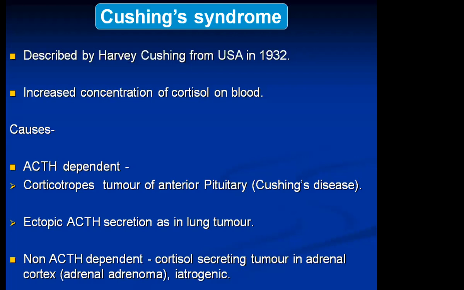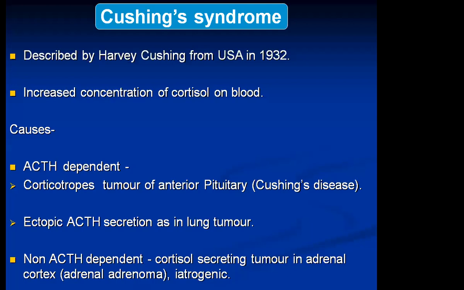There is a cortisol secreting tumor in the adrenal cortex itself. So here the pituitary or any ectopic focus is not at fault. Here, who is at fault? It is the adrenal cortex. So this adrenal adenoma, a cortisol secreting tumor, will lead to increase in the secretion of cortisol.